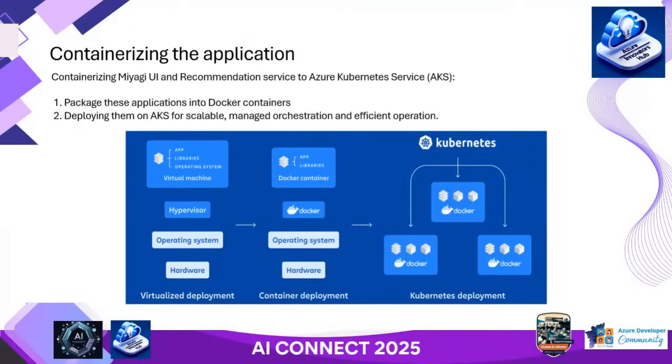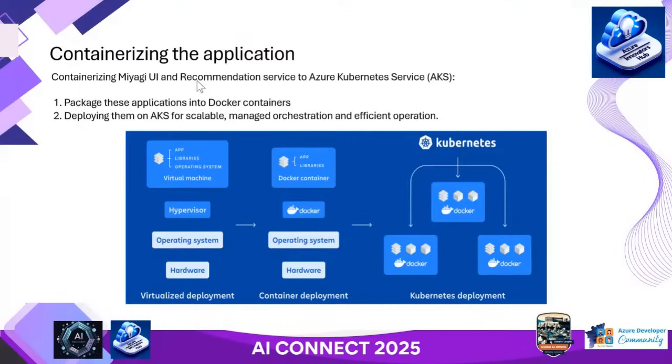So the first step for you in here is to run the application locally and then containerize the application. So this application, again, has two components, the user interface and the recommendation service. I have executed both locally, and then I have containerized those using Docker, right?